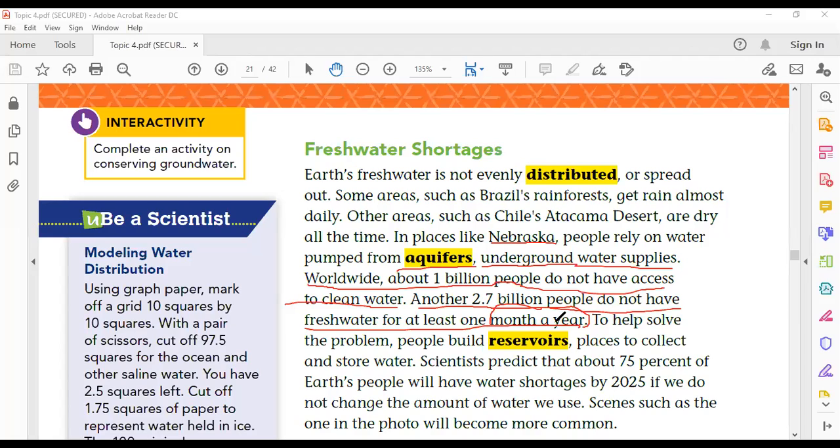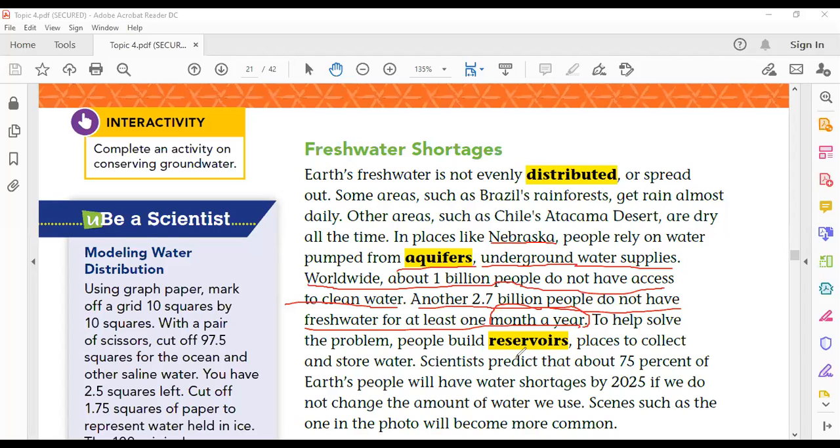By the way, most African countries suffer from water shortage. So there is a big problem in fresh water supplies all over the year. 1 billion people do not have access to clean water, so they use contaminated or polluted water. Another 2.7 billion people do not have fresh water for at least 1 month a year.